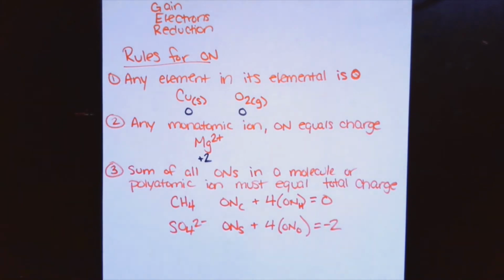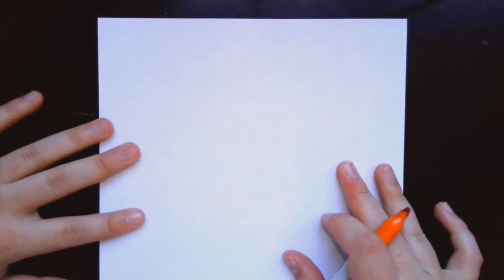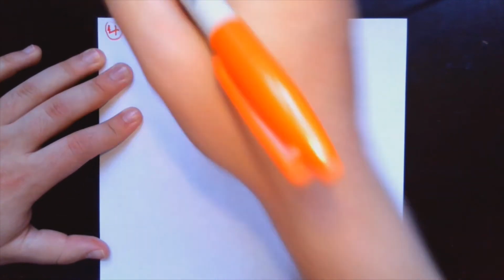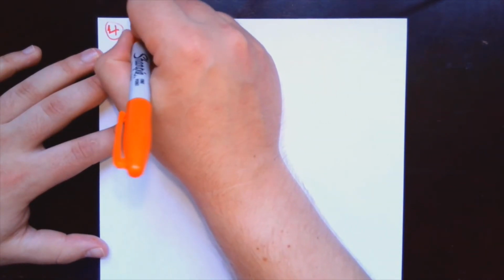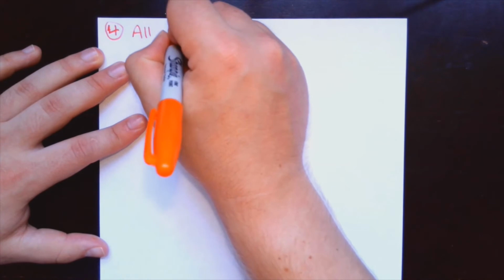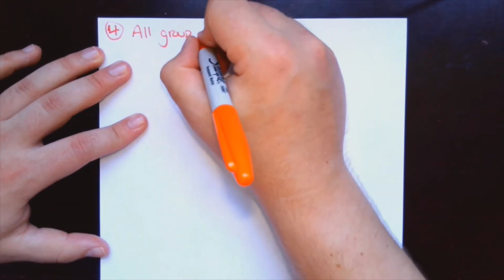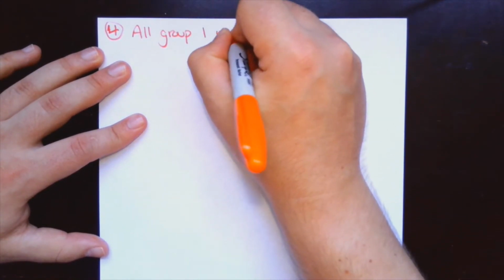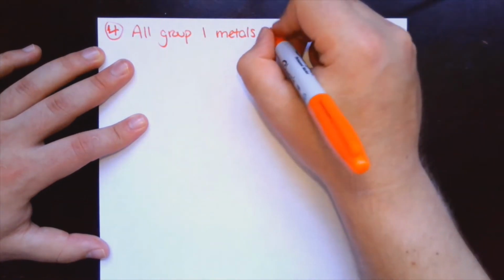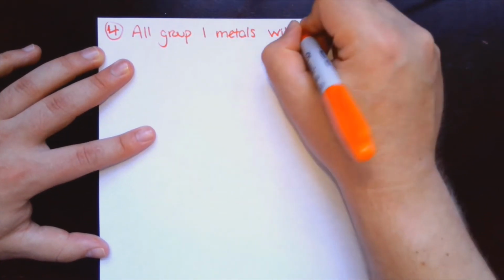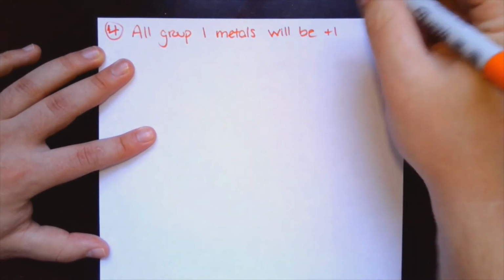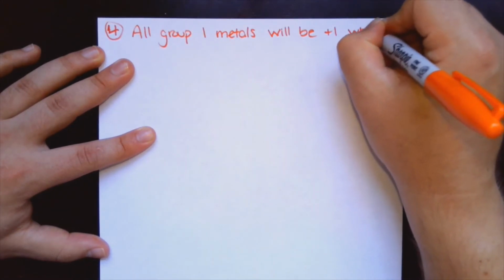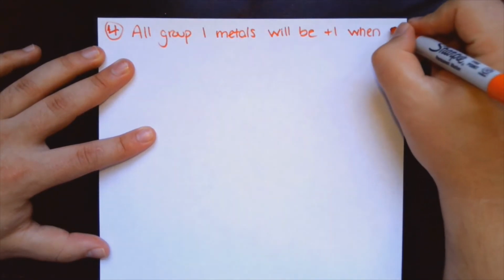Alright, rule number 4 states that all group 1 metals will be +1 when in a molecule.